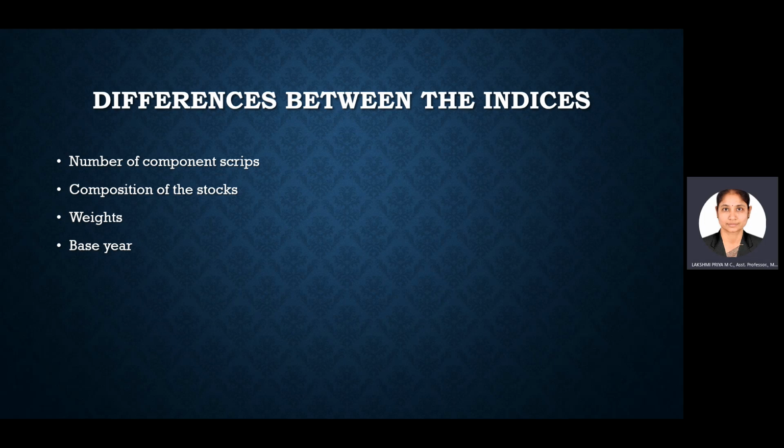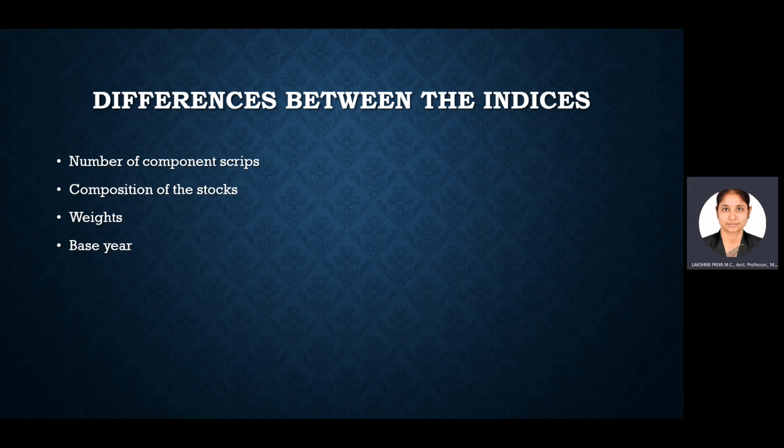The price weighted index differs from the wealth weighted index. In the value weighted index, the total market value of the share is the weight. Most of the indices all over the world and even in India, except the Economic Times Ordinary Share Index, are weighted with the wealth index.